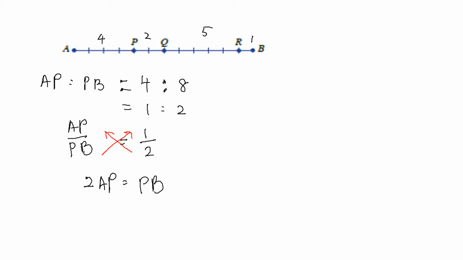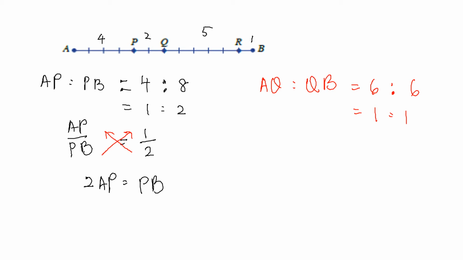Okay, let's say we look at Q. So if it is AQ is to QB, right? So AQ is 6, so it is equals to 6 is to QB, 5 plus 1, which is 6. So this is actually 1 is to 1. So 1 is to 1 shows that Q is the midpoint of AP.